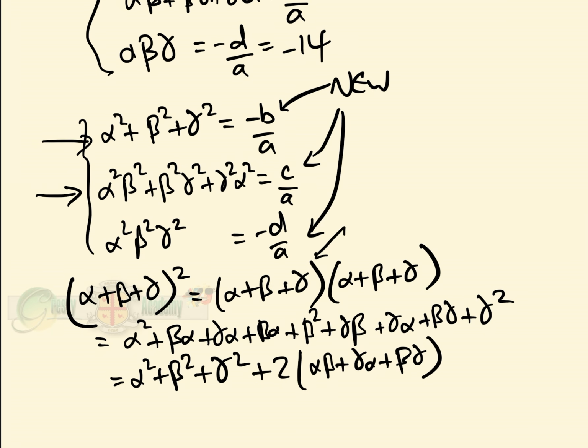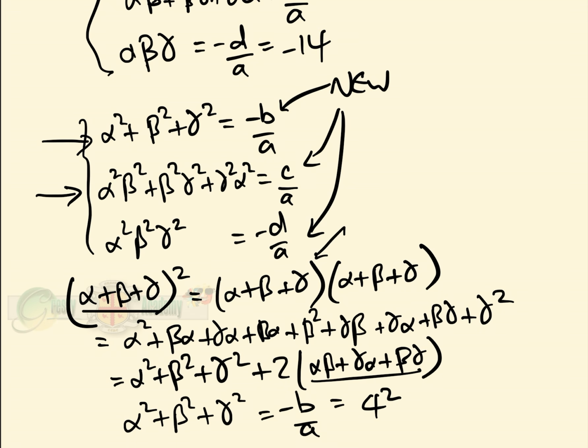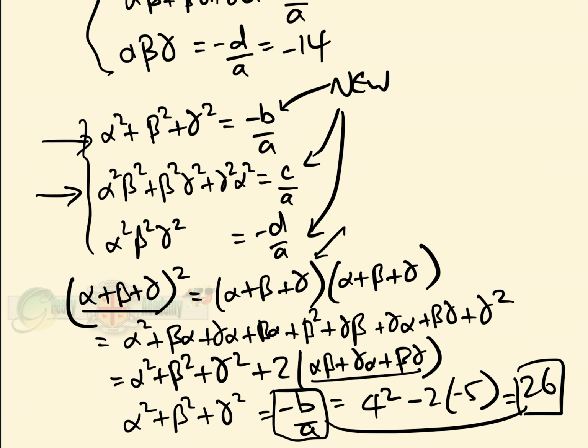We know alpha add beta add gamma and alpha beta add beta gamma add gamma alpha, and so alpha squared add beta squared add gamma squared, which is the new minus b over a, is equal to 4 squared minus 2 times minus 5, which equals 26. So we have that minus b over a of the new cubic is equal to 26. So that's that one done.